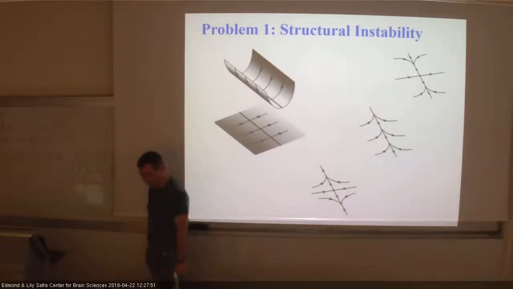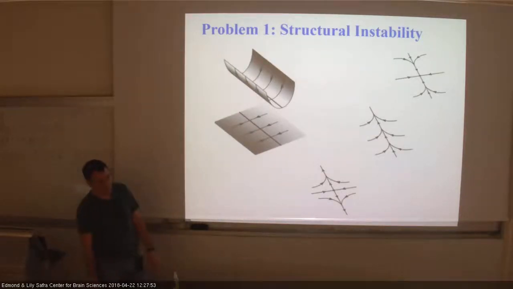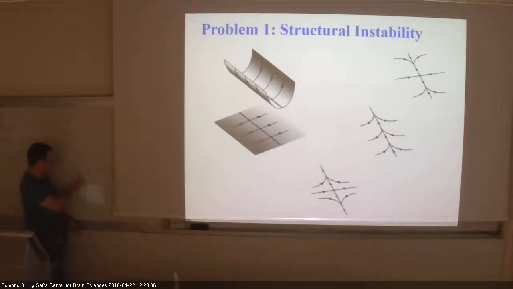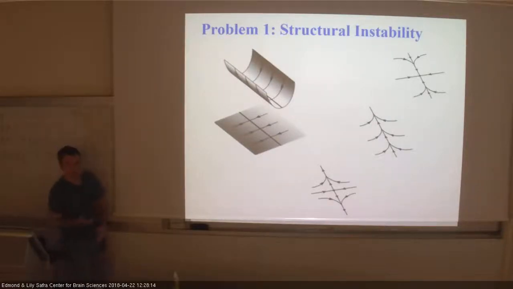The problem then is it will work, but then you need to finely tune your learning algorithm. The learning algorithm has to be very precise in order to correctly update the connectivity matrix such that lambda will be very close to 1. This requires fine-tuning, not in the connectivity, but in the learning rule.